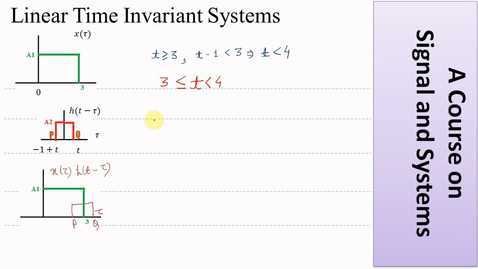For this case, it's very easy to evaluate the y of t again, because I can still write the integral from minus infinity to plus infinity of x of tau h of t minus tau, where the variable is tau. I can now write that this integration starts at t minus 1 because this is my p, but when it ends, if I shade the overlapping region, you can see there is no overlapping beyond tau equal to 3.